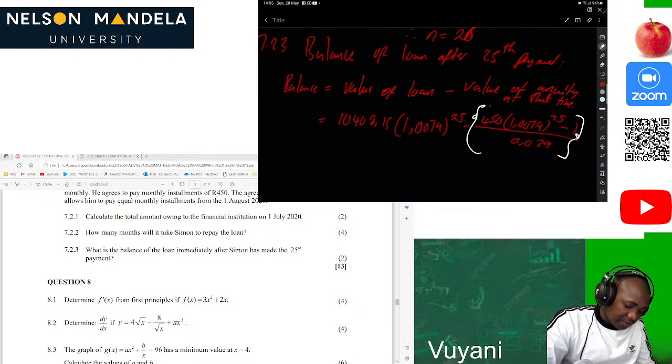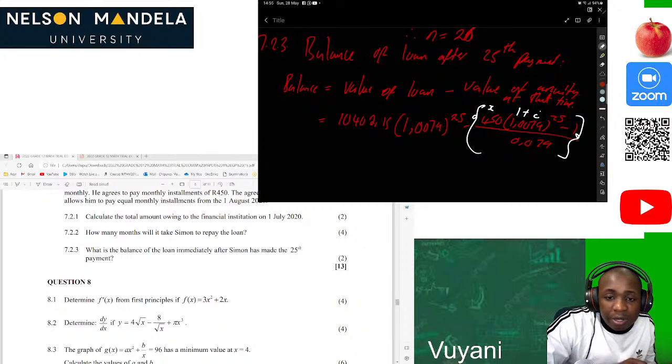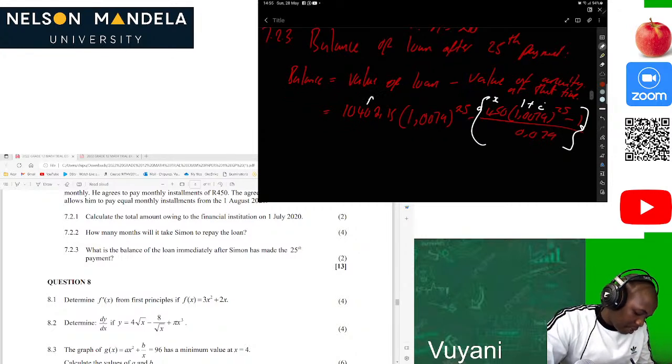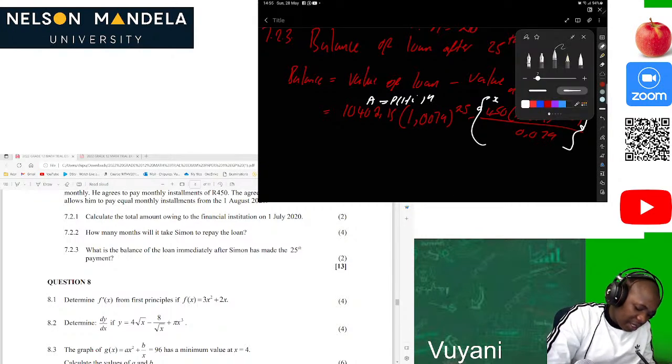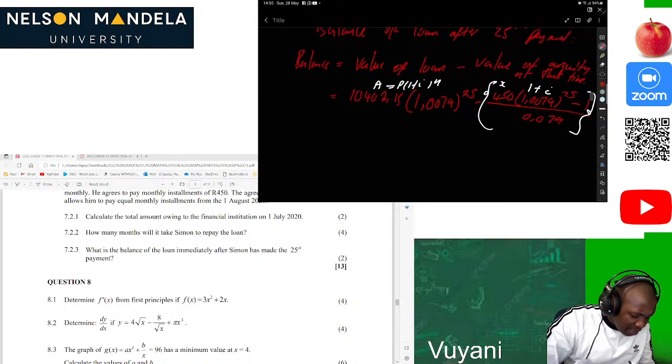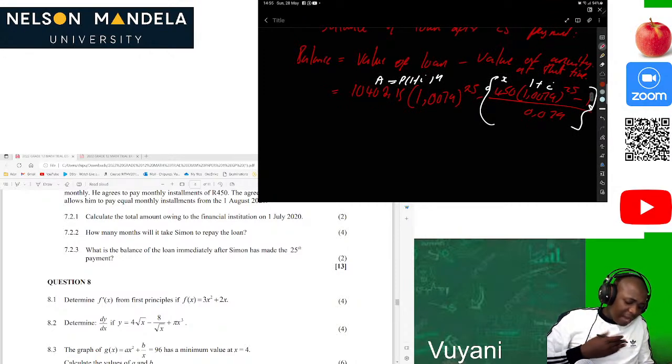You can see this is your formula X, then this was supposed to be 1 plus i minus 1. So this is the formula which you already know, and we used A is equal to P(1 plus i) to the power n, so that you can find the value of the loan, okay? Then after that, we just use our calculator. Use your calculator where you are. I'm also using my calculator.